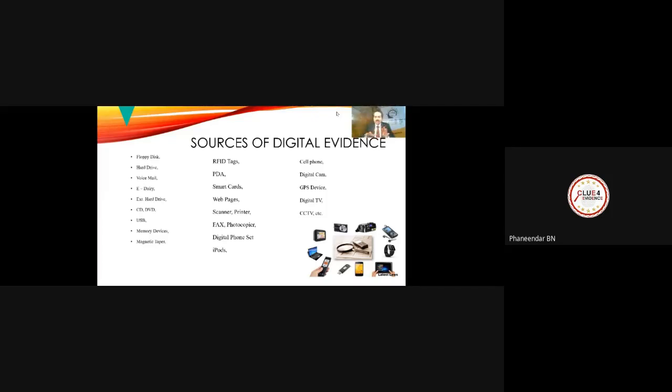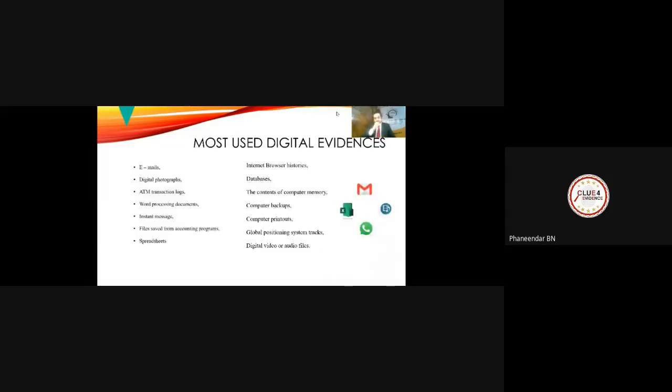So every such thing is very different, and the list of sources of digital evidences is going to be really huge. It is not something we can actually list out here, because when we discuss digital footprints, when servers come into the picture, when computers come into the picture, it is going to create multiple sources, and this is going to be a very limited understanding of the sources of digital evidences.